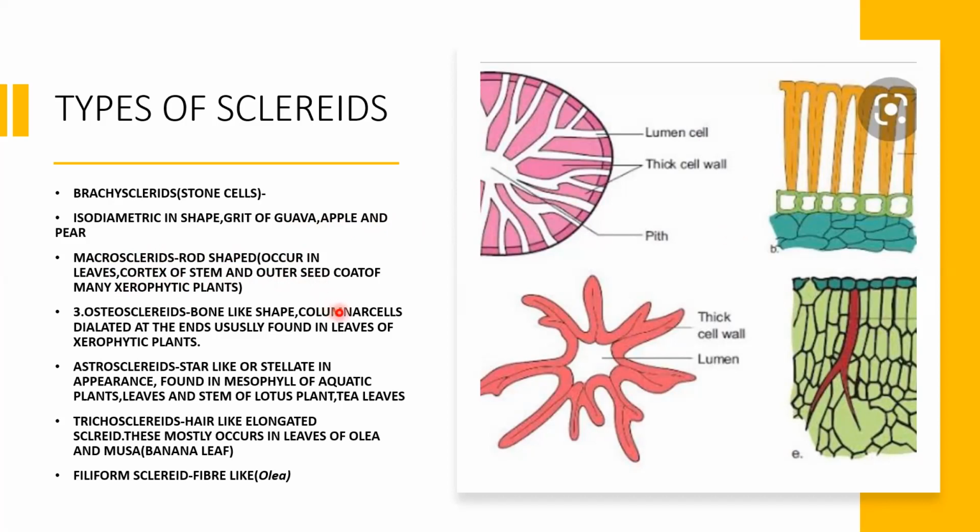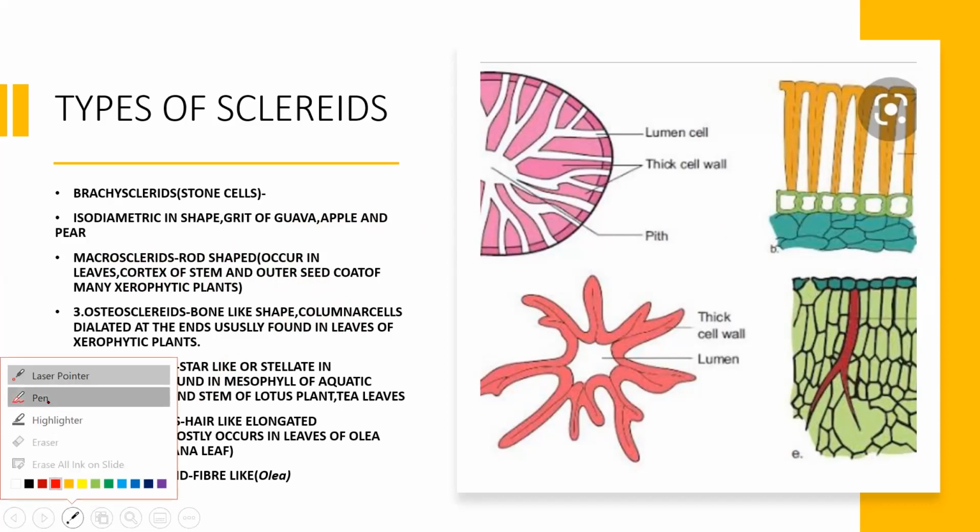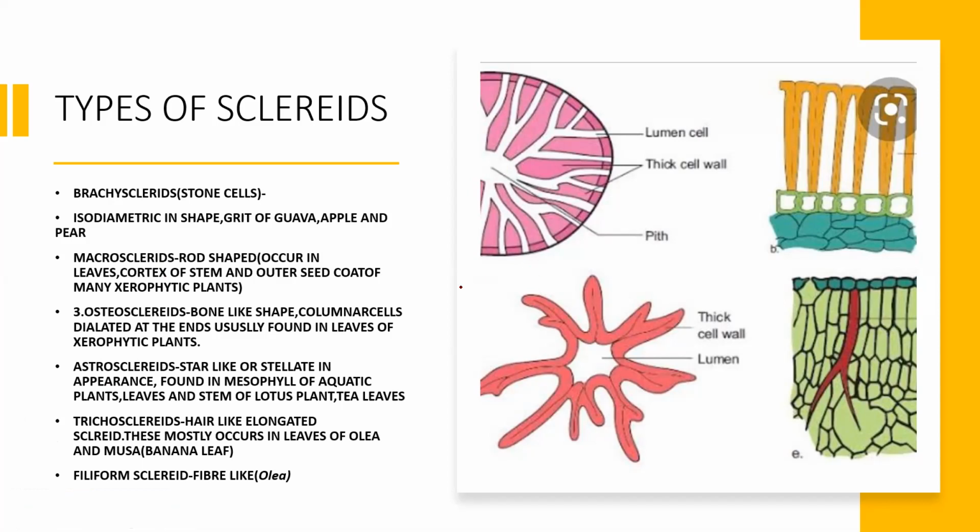And if the shape of the sclereid is like a bone, then it is called osteosclereid. It is not actually bone, but the shape is like bone.